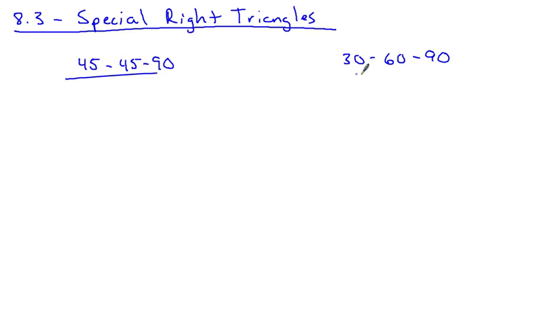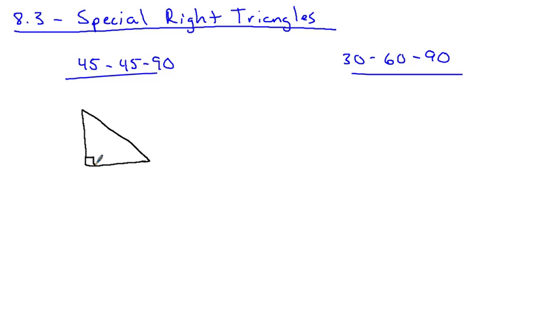So we're going to do them both side by side. So here we go. The first one we're going to draw is a 45, 45, 90 right triangle, and those numbers refer to the angle measurement. So if you're not sure, that's going to be a triangle that has its two acute angles the same measurement.